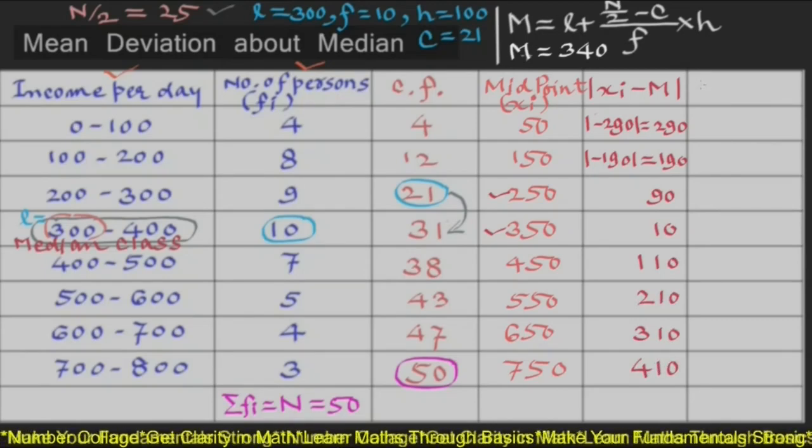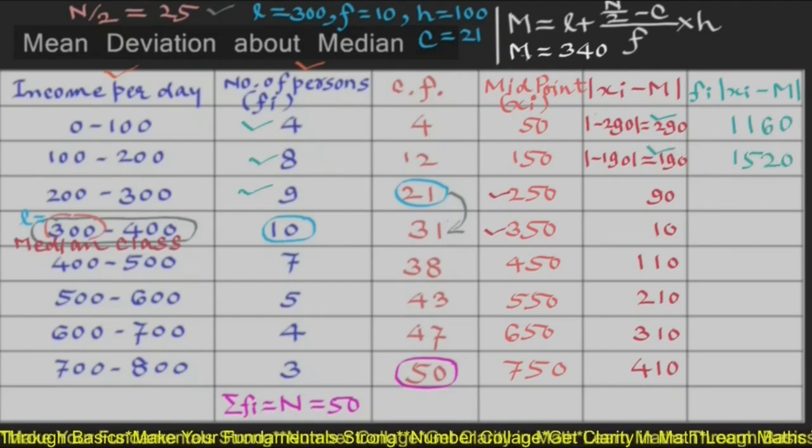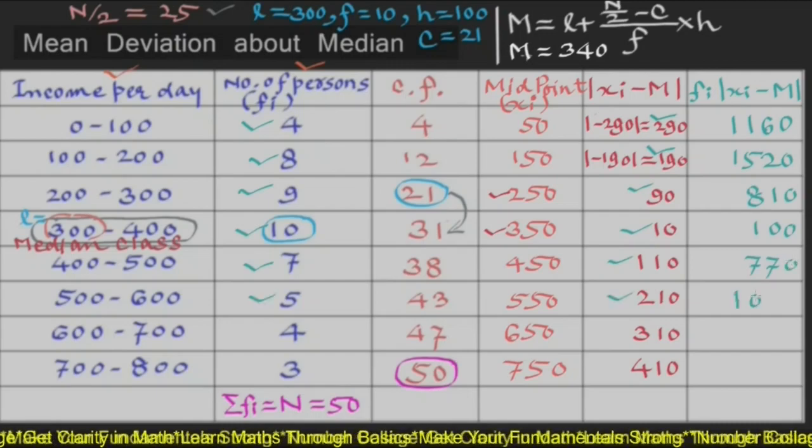And the final column will be fi into mod xi minus median M. So that will be 4 multiplied by 290, 1160, 8 multiplied by 190, 1520, 9 multiplied by 90, 810, 10 multiplied by 10, 100, 7 multiplied by 110, 770, 5 multiplied by 210, 1050, 4 multiplied by 310, 1240, 3 multiplied by 410, 1230.